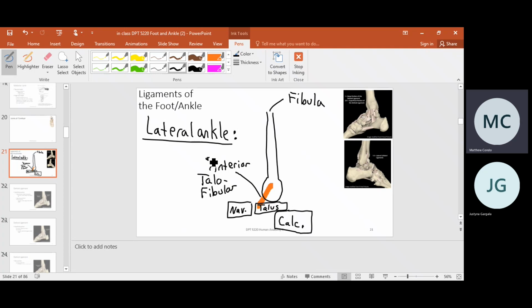All right. So like I said, we have an anterior talofibular ligament. We also, because this is anatomy, are going to have a posterior talofibular ligament. Now my posterior talofibular ligament is going to prevent what two motions?